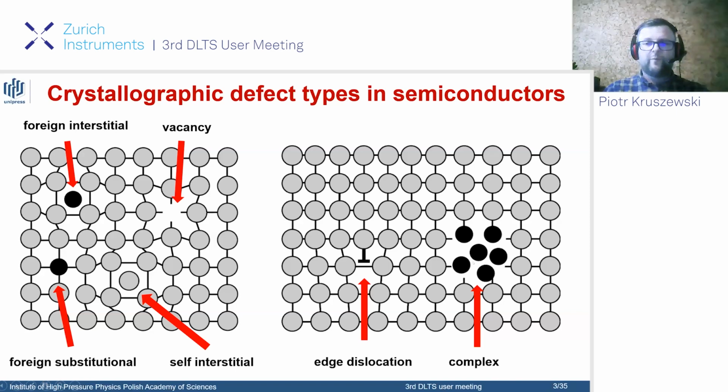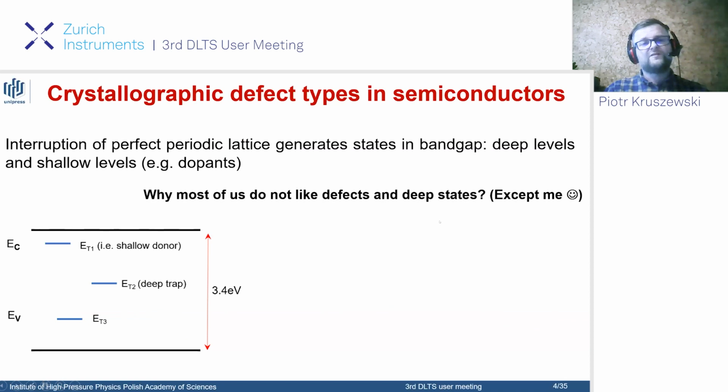The point is that all of those defects introduce deep traps into the bandgap, and most people do not like defects because they can kill the efficiency of the devices and limit the operation of the devices. Me and probably you like defects very much because we can analyze them with our techniques. So we are pretty happy to see defects in our samples.